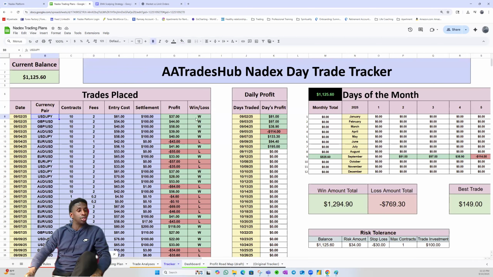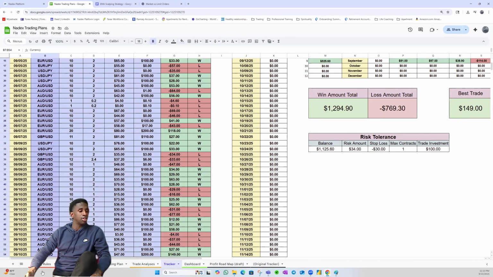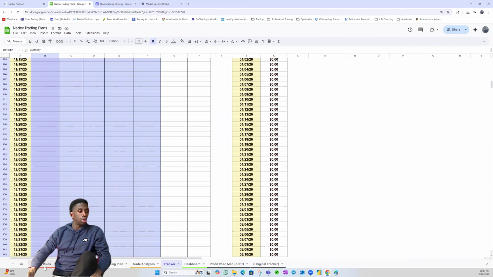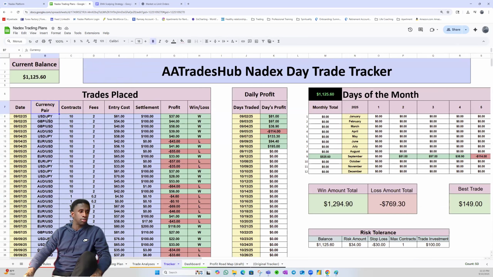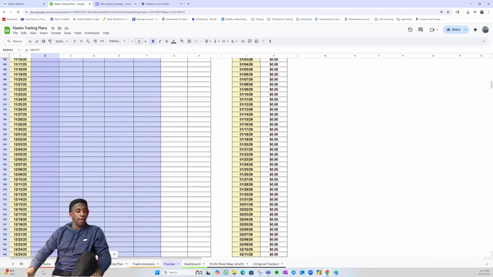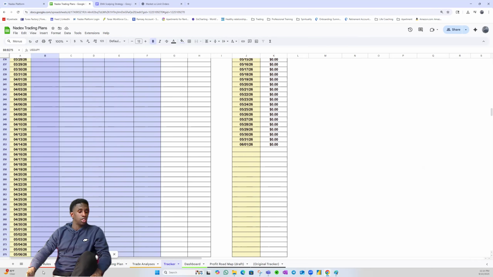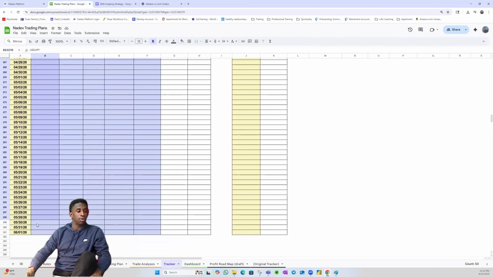So what we're gonna do is we're gonna take this column here. We're just gonna drag it all the way down. I'm gonna do it like this. Take this column. We're gonna drag it all the way down, so I ain't gotta keep dragging later on.